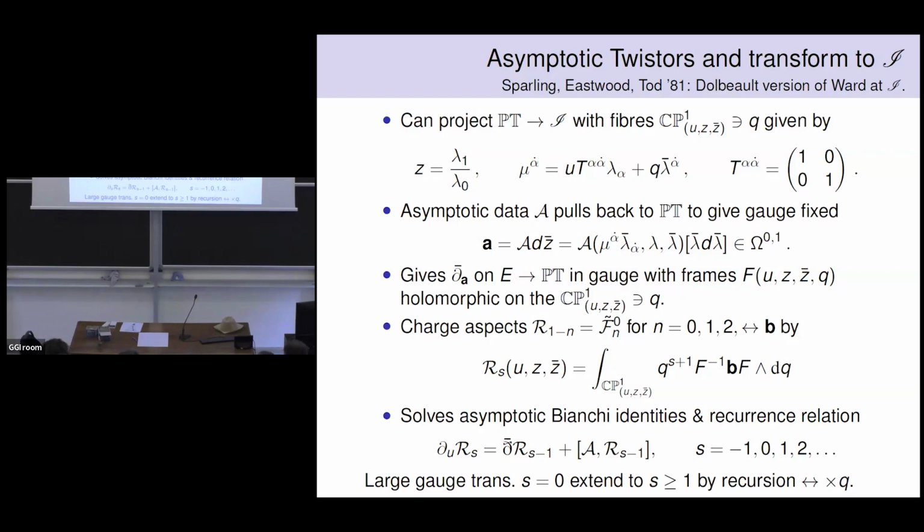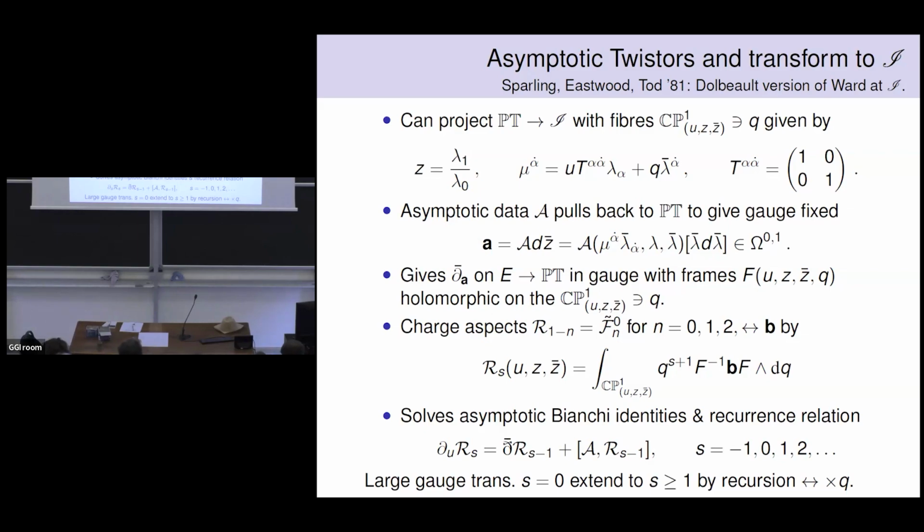But following the FPR logic, we can just carry on having higher and higher powers of Q in this formula and get the whole sequence of charge aspects. Or is it lower and lower? No, yeah, sorry, it's higher and higher.